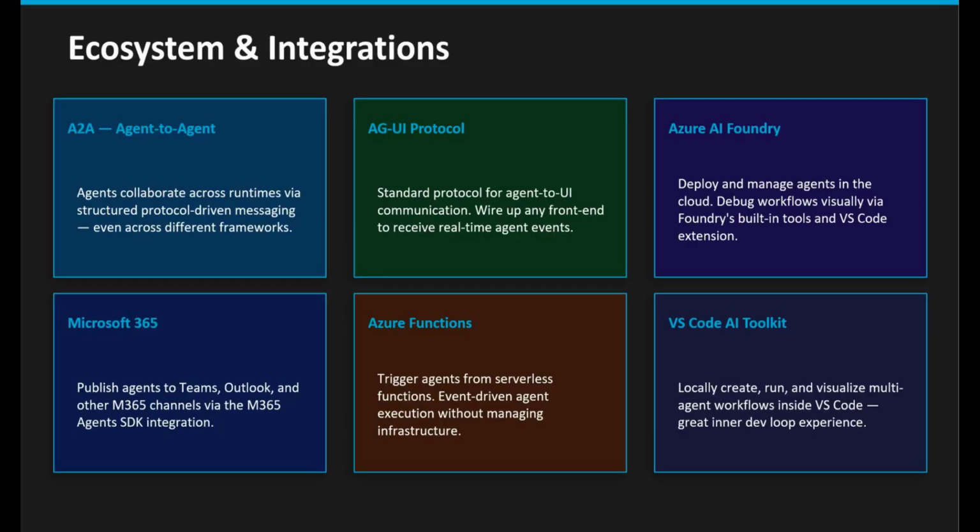If you are building for Microsoft 365, like Teams or Outlook, you can publish your agents straight into those apps using the Agents SDK. And for running agents in response to events, Azure Functions work pretty well. Plus, the VS Code AI Toolkit gives you an excellent local development experience, so you can iterate pretty quickly.